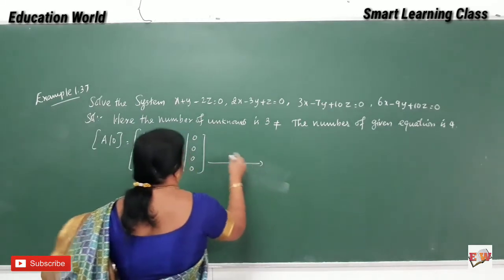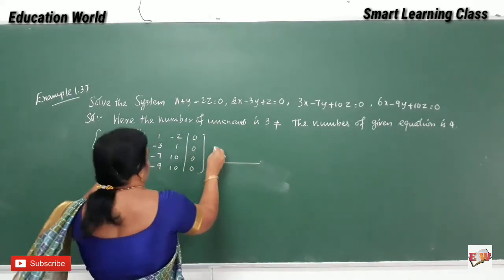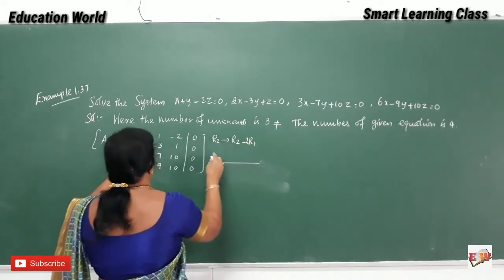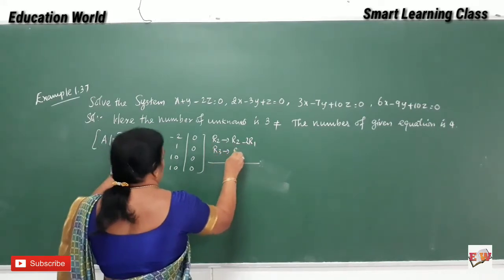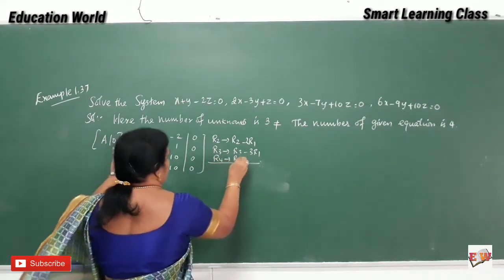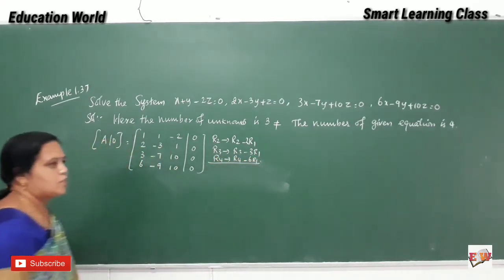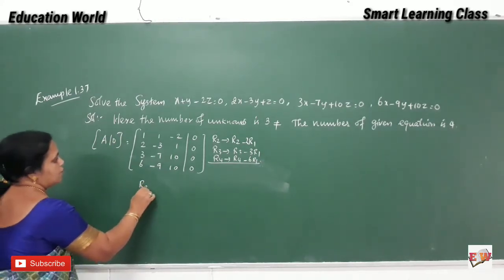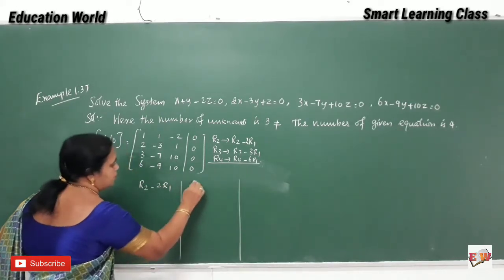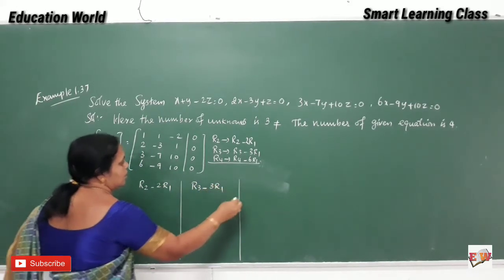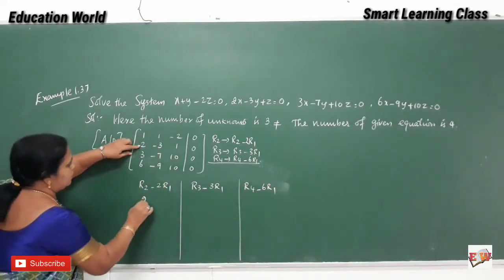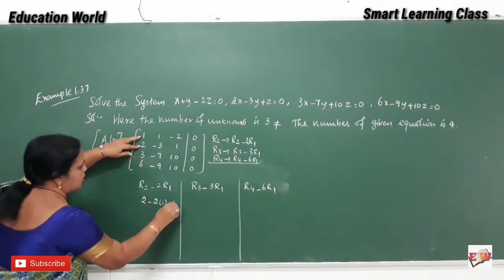For that, R2 gives R2 minus 2R1, R3 gives R3 minus 3R1, R4 gives R4 minus 6R1. We just do one by one. R2 minus 2R1: 2 minus 2 into 1 equals 0.